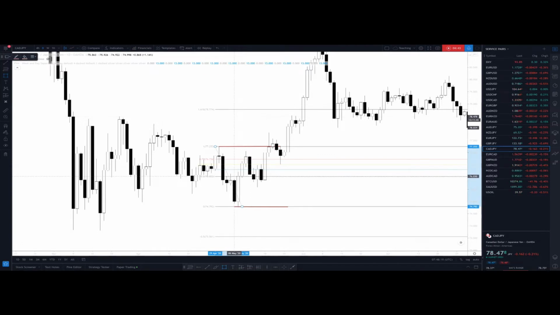I'm only interested in selling when price comes above the 50%. If price is below the 50%, I am not interested in selling. Why? Because smart money is not going to come and sell the market below 50%.